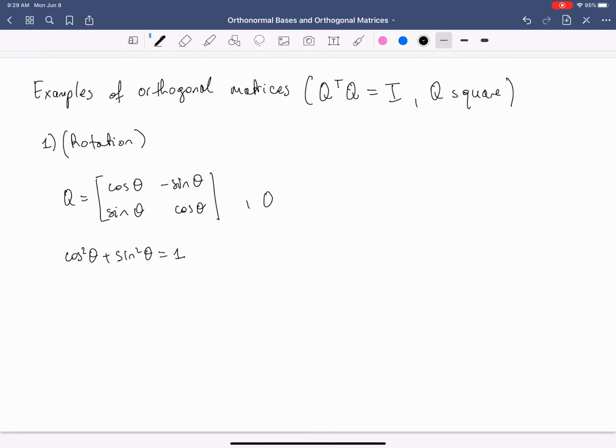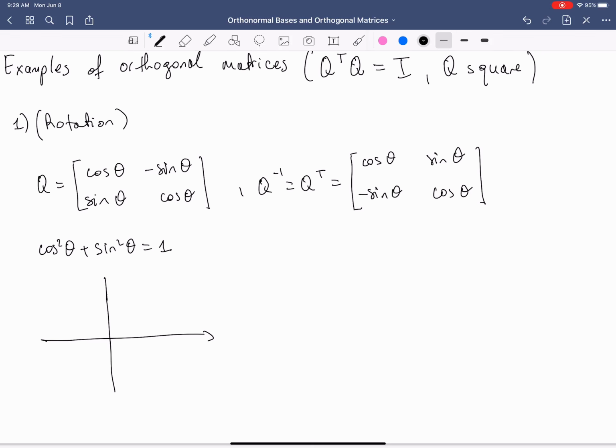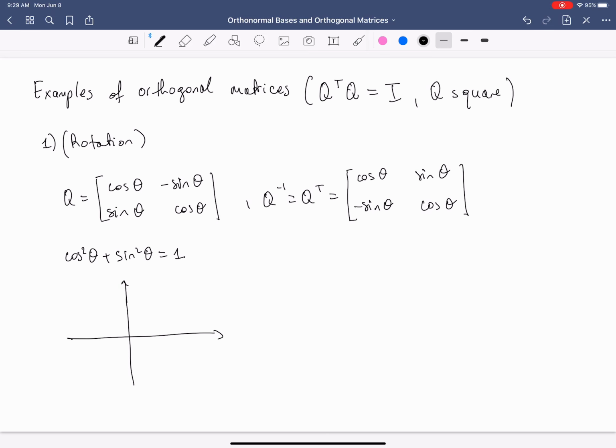Its inverse is the transpose. So I don't have to apply Gauss-Jordan to find the inverse. And I will get cosine theta, negative sine theta, cosine theta. What does this matrix do? We're not going to go into linear transformations in this class. I'm not going that fast with the material, but essentially, I want you to understand what this rotation means, because it's especially important for those students who are perhaps in computer science.